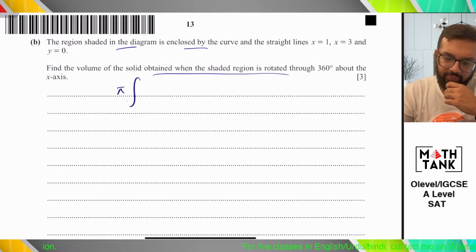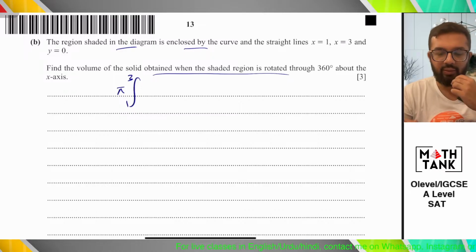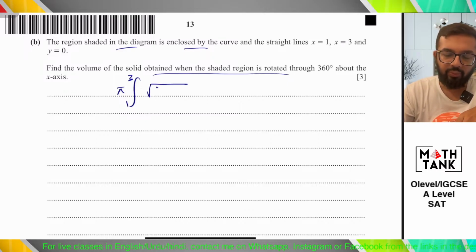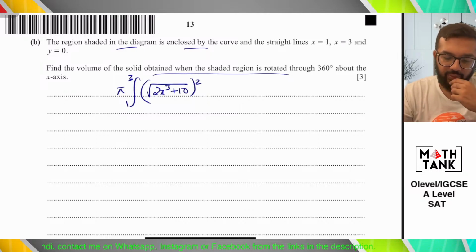This is relatively simple. It's between the lines 1 and 3. So 1 and 3 are the limits. And you write the function squared. Okay. So root of 2x cubed plus 10, squared. With the pi outside. So 2x cubed plus 10 remains.